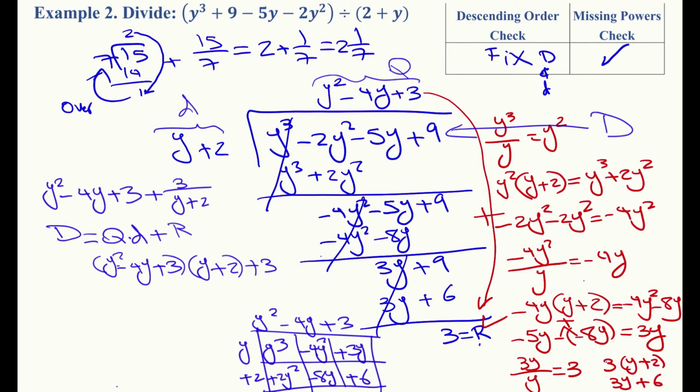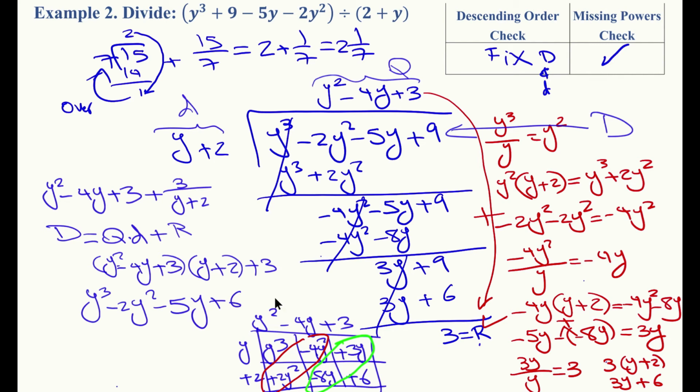We notice we have some like terms here. We also have some like terms here. Okay, so combining the like terms, we end up with y cubed minus 2y squared, because those two combine to give us negative 2y squared. Those two will give us negative 5y plus 6.